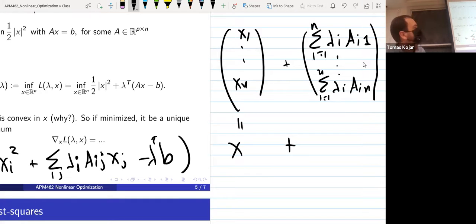Does this have a nice form? So this is like lambda dot. I don't think so, right? So this is the first vector, second vector, third vector. How would you do it?